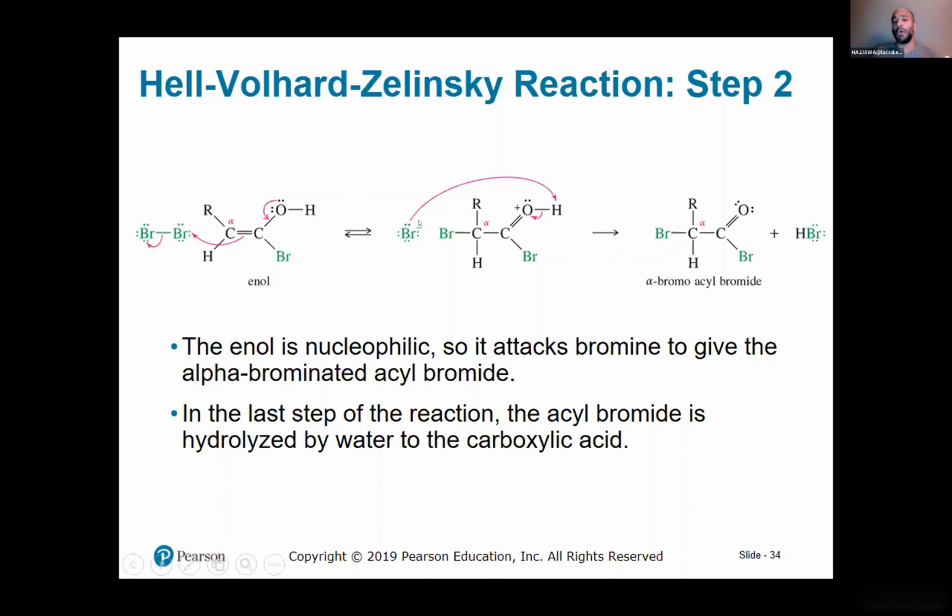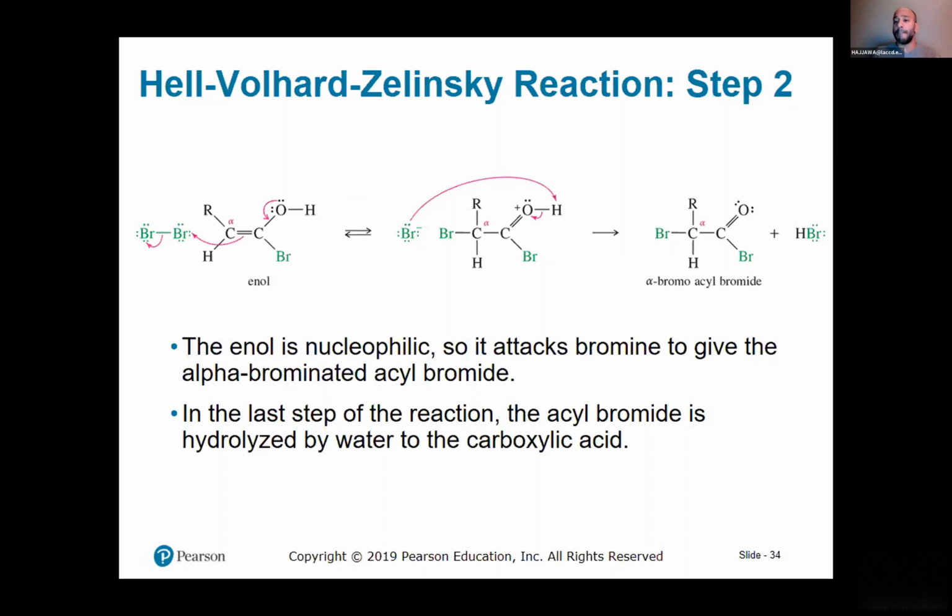And the last thing to do is the Br minus grabbing that hydrogen from the carbonyl oxygen to give you the alpha-bromo acyl bromide. So it's a two-step process. The first step is the formation of the acid bromide, and the second step is the alpha carbon being brominated once you form the enol.